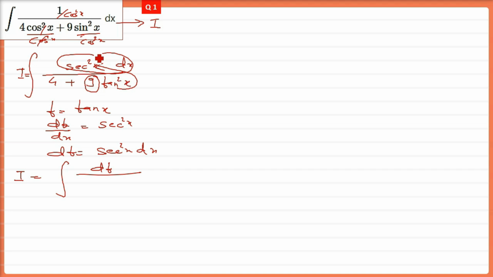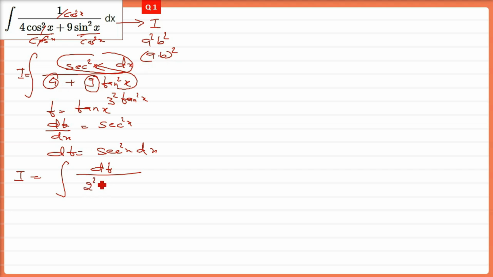The examiner could have given you anything, but they know that you will do this tan square x, and then there will be something which we have to make a perfect square. A perfect square 9, that is 3 square, is 9. So 3 tan x whole square is 9 tan square x. And we know that a square into b square is a into b whole square. 9 into tan square x is 3 into tan x whole square.